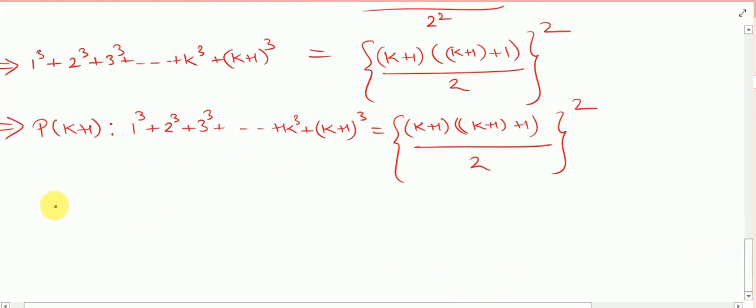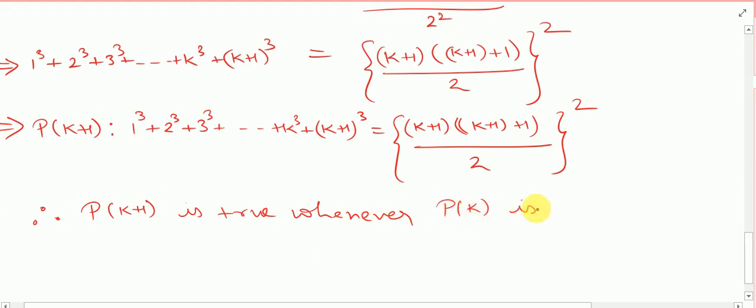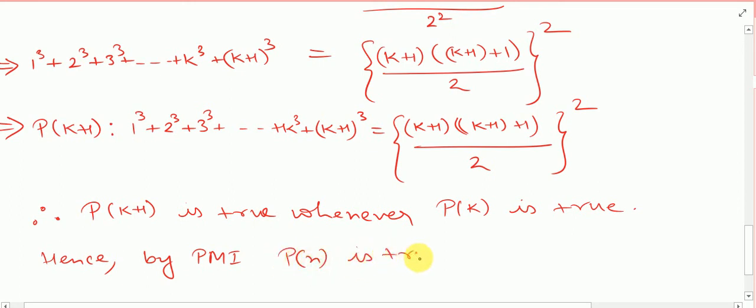So now we can write, therefore P(k plus 1) is true whenever P(k) is true. Hence, by PMI, in short, principle of mathematical induction, P(n) is true for all n belonging to natural numbers.